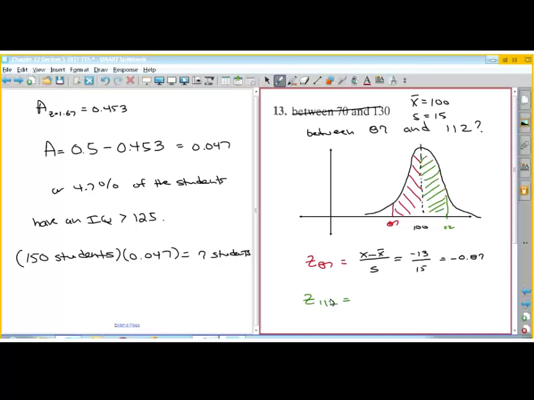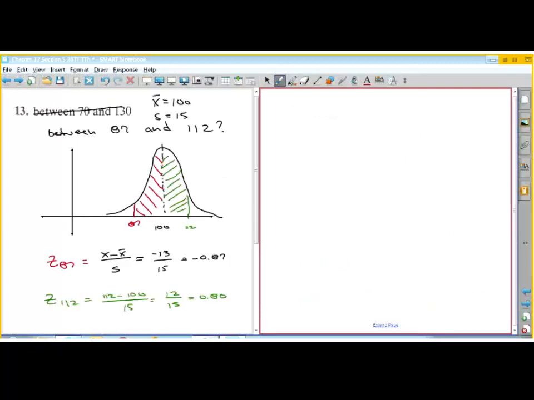Okay. So what is the value? It's 112. What's the mean? 100. Yep. And what's the standard deviation? 15. So you get 12 divided by 15, which is, you have to use your calculator for that. It's 0.8. Yep, that's right. It's exactly 0.8.